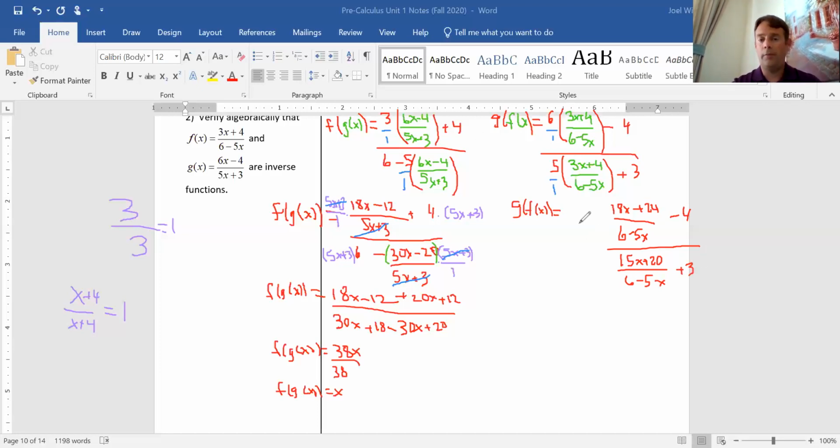So common denominators, 6 minus 5x, so everybody is going to get multiplied by 6 minus 5x. I'm going to multiply everything by 1. It's going to multiply by 6 minus 5x. This is going to be multiplied by 6 minus 5x.